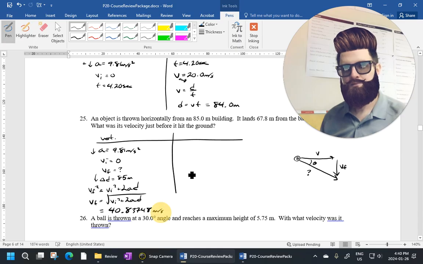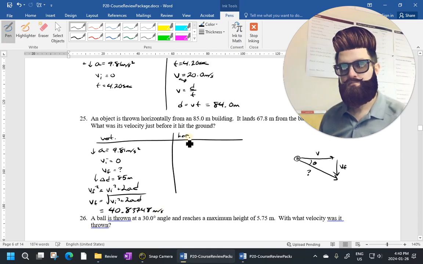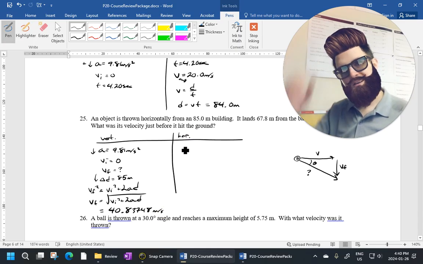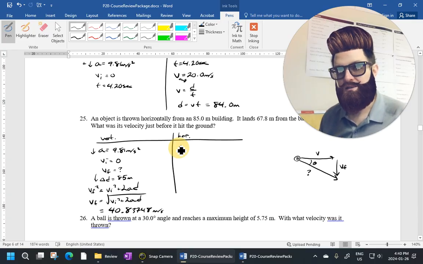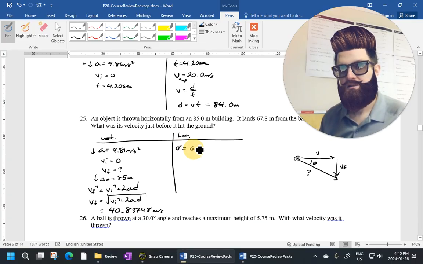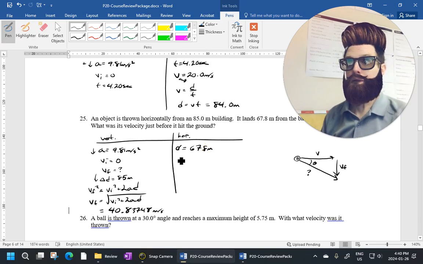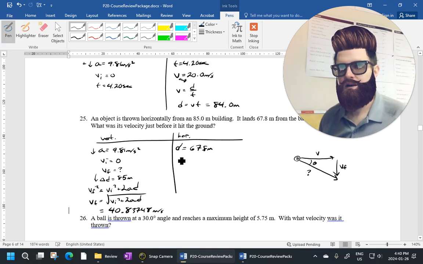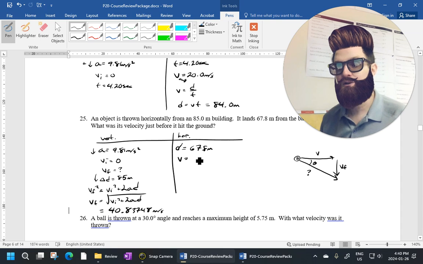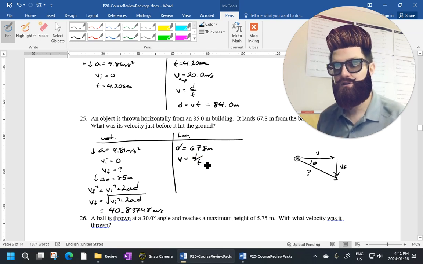Okay. Now in the horizontal direction, we have the distance it traveled, 67.1. Oh man, this is a tough question. We have the distance it traveled, but to find the horizontal speed, I'm going to need to know the time it took to do that, right?